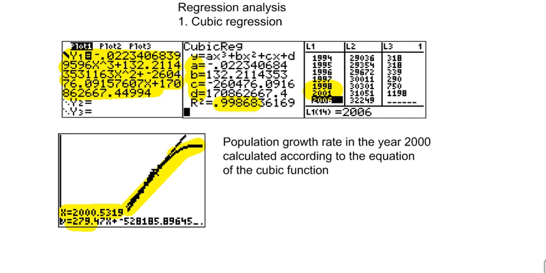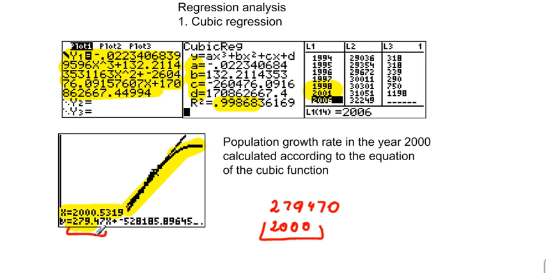So using a graphing technology, graphing calculator, the rate of change is equivalent to 470 people per year in the year 2000. So according to this function, the cubic polynomial, the rate of change is about that.